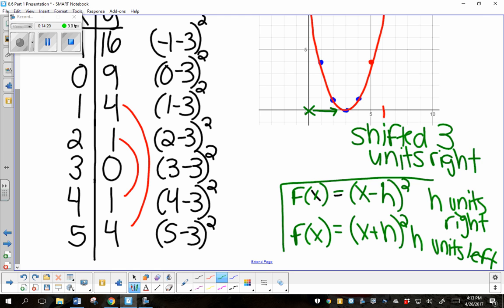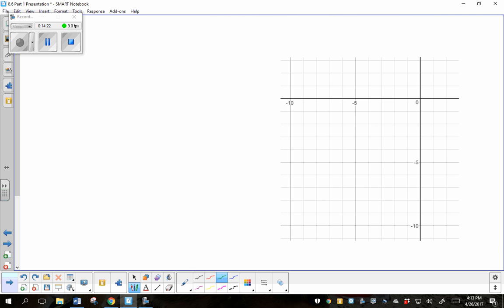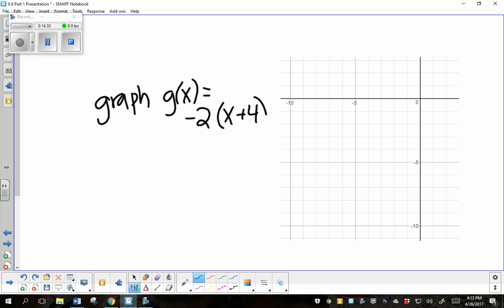All right, one more example. So on this last example, we are going to graph the function g of x equals -2 times x plus 4 squared. So we can already guess that that 4 is going to shift it 4 units to the left. We know from what we learned before, so this is 4 units left.